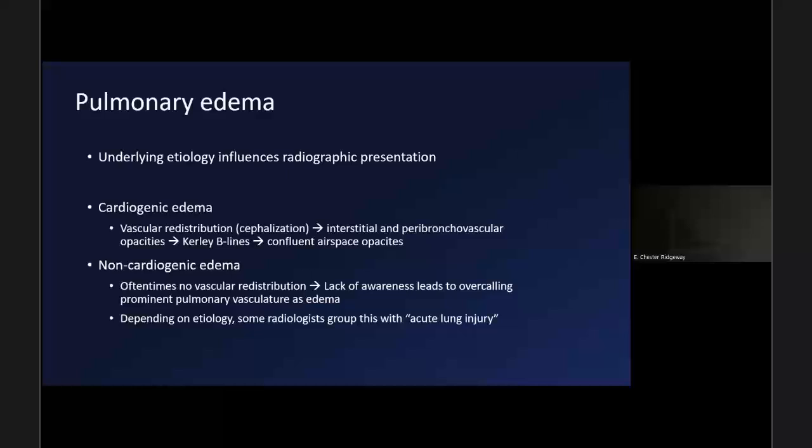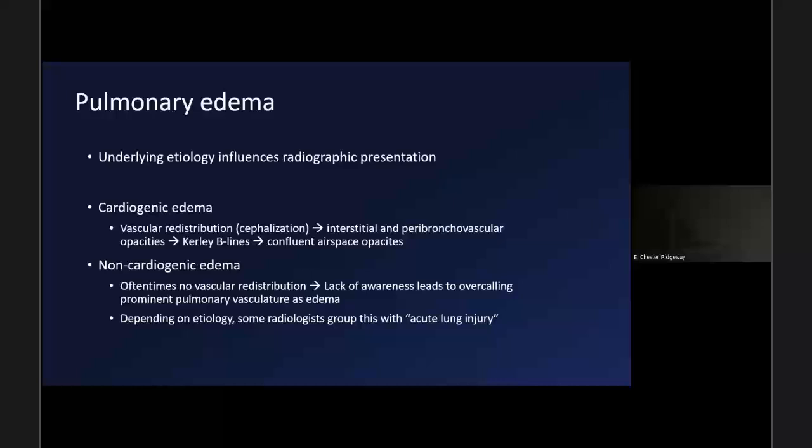So first off, the radiographic presentation of edema does somewhat depend on what the underlying etiology is, specifically if it's cardiogenic or non-cardiogenic edema. It influences a little bit the natural progression of edema and what signs you can actually rely on.